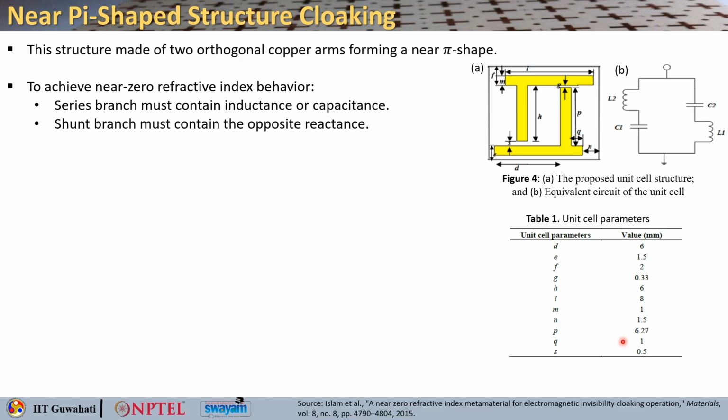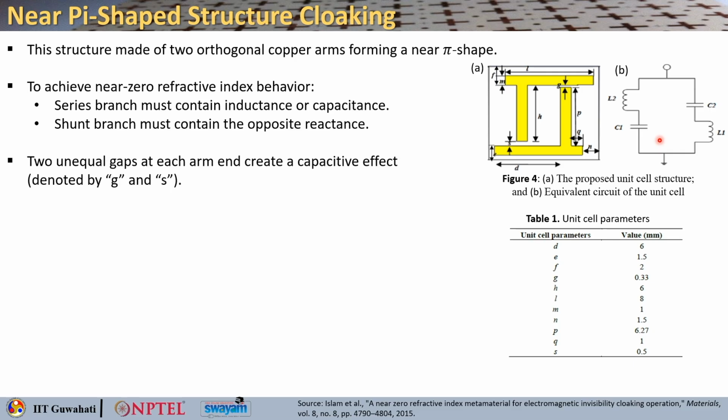Now the series branch that you see for this unit cell structure must basically contain an inductance or capacitance, and the corresponding shunt branch must contain the opposite order of reactance, and you can see that from the equivalent circuit of the unit cell, right.